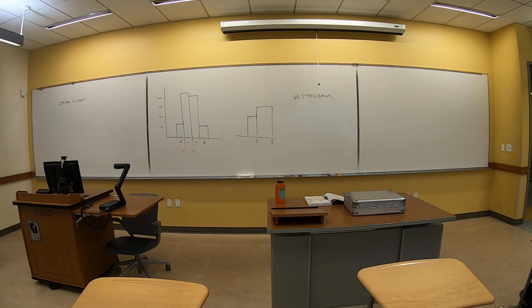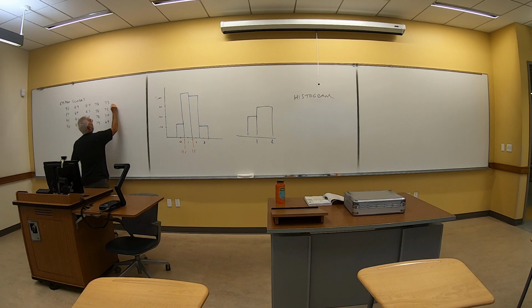I'm going to go top to bottom. So let's say my exam scores on a 100-point exam were as follows. 98, 97, 94, 90, 89, 89, 86, 85, 84, 83, 80, 79, 78, 78, 78, 74, 73, 72, 70, 69, 67, 66, 63, 61.